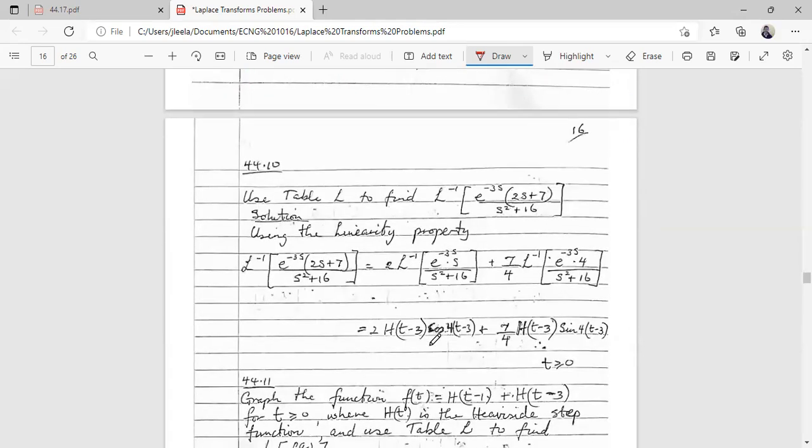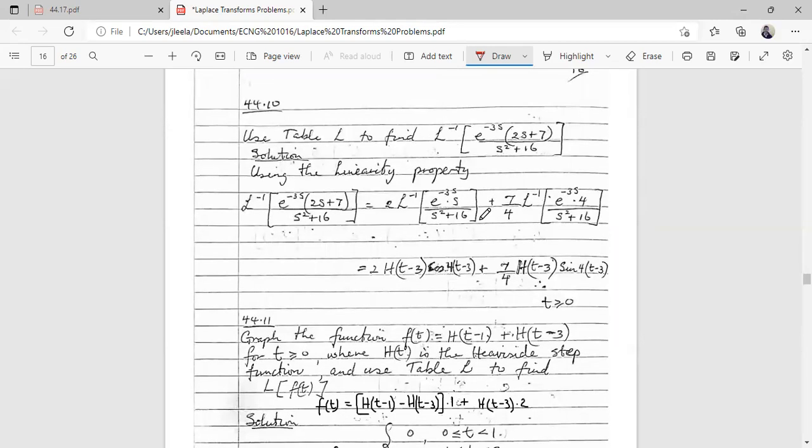So we're coming up to some examples involving that just now. Using table L to find the Laplace inverse of e to the minus 3s times (2s plus 7) over s squared plus 16. Again, we could break it up linearly.